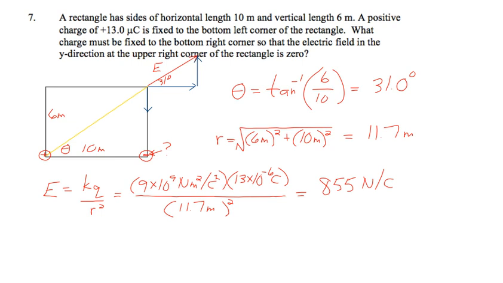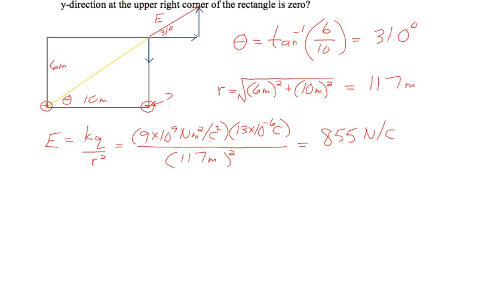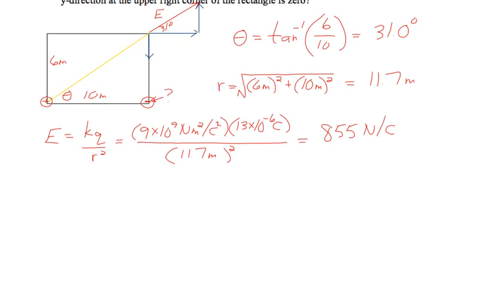What trig function will I use? Sine. I'm only calling it E, so now I'm just going to have E in the y direction. I didn't call it E1 or E2. The only electric field on the picture is the only thing I labeled, so I just called it E. So the electric field in the y direction is going to be E times the sine of the angle.